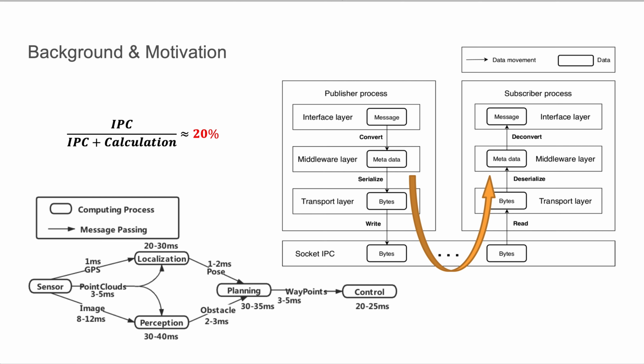On the right-hand side, the subscribe process reads the bytes from the socket buffer, then deserializes it to the language-neutral middleware representation. After that, the subscribe process deconverts it to the language-specific message.